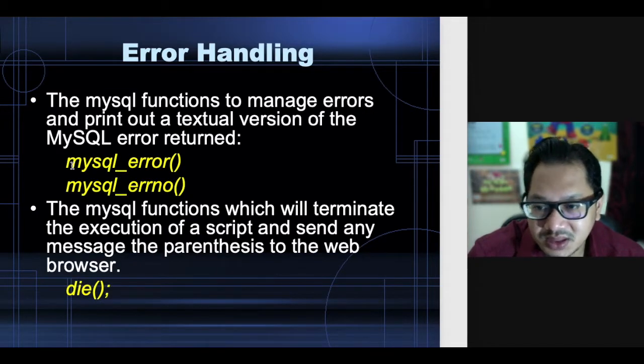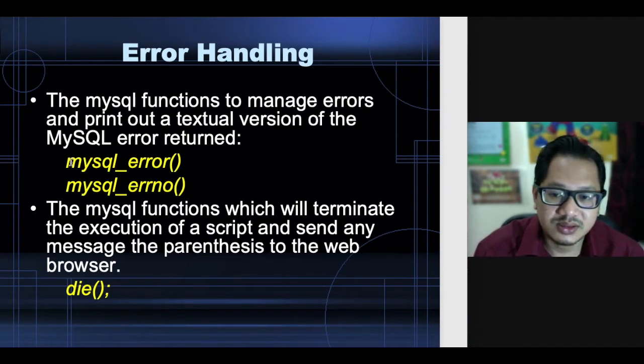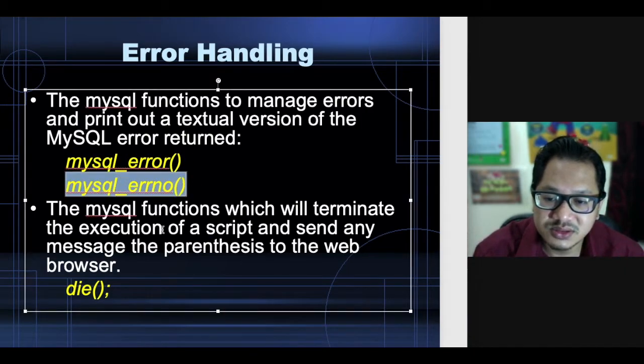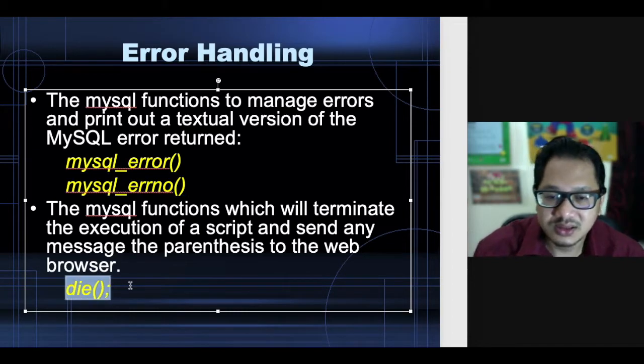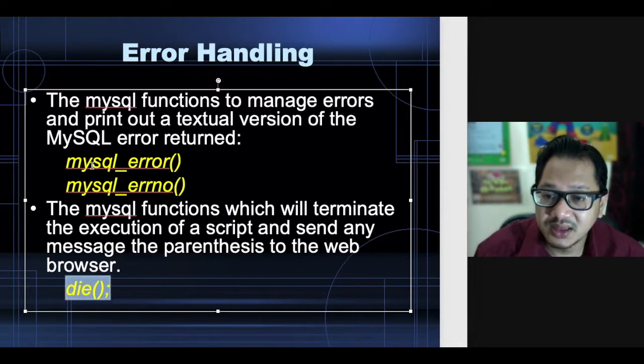For example, there is MySQL error and MySQL error number. Okay, and then this one is to terminate. Make an error handling exception. Check if there is an error, then just terminate the execution of the script. When there is no connection, we can't proceed with anything else, so just die and then give the error.